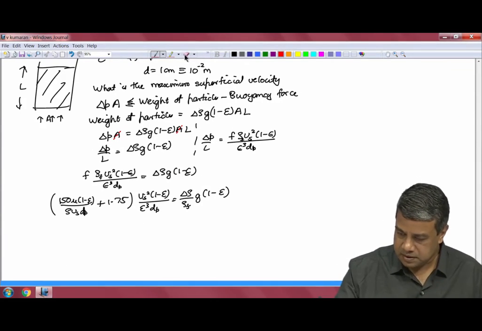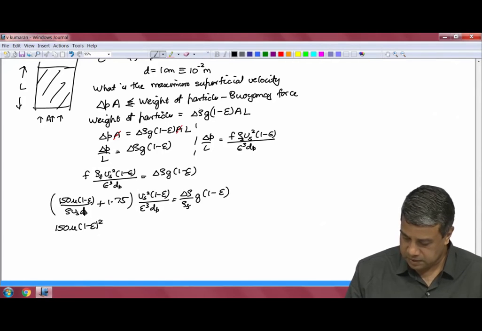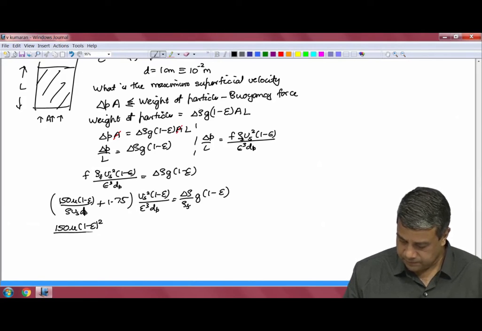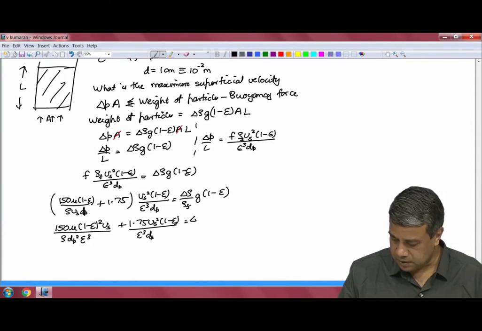So, substituting these, I will get 150 mu into (1 minus epsilon) whole square, Vs by rho dP square epsilon cubed plus 1.75 Vs square into (1 minus epsilon) by epsilon cubed dP is equal to delta rho by rho f g into (1 minus epsilon).